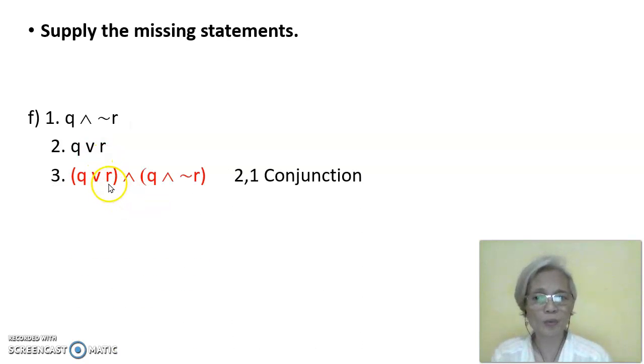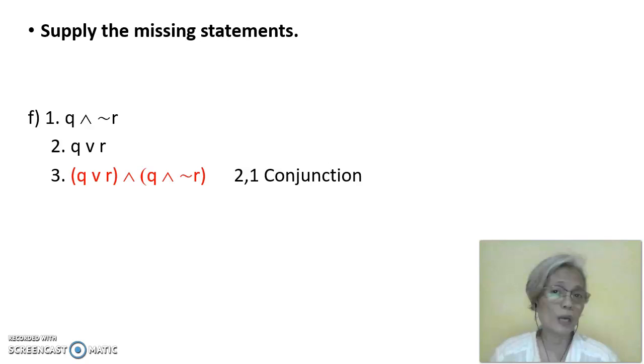We have this Q or R as our P, and Q and not R as our Q. Because Q or R appeared first, it should be our first variable in our formula P and Q. So you have Q or R and Q and not R. The idea is we should be faithful to the formula.